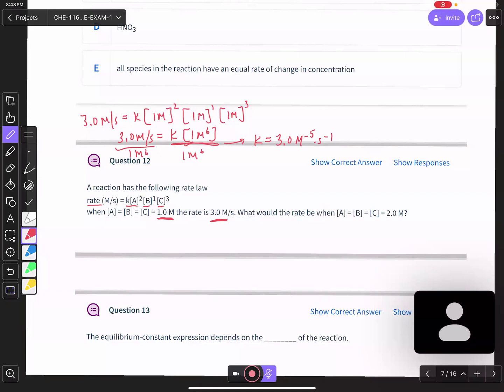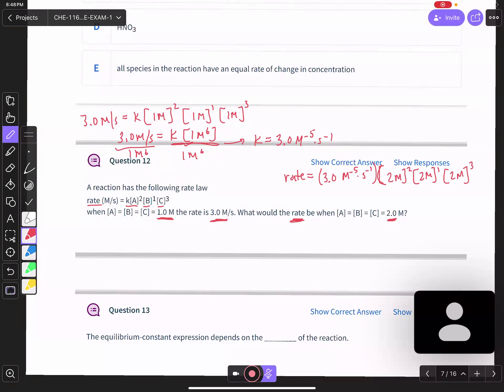Now that I know the rate constant for this reaction, we can figure out the rate at any other concentration, and we happen to have 2 molar concentration. So now I'm solving for rate. Rate equals my rate constant, 3 molar to the negative fifth inverse seconds, times 2 molar squared, 2 molar to the first, and 2 molar cubed.